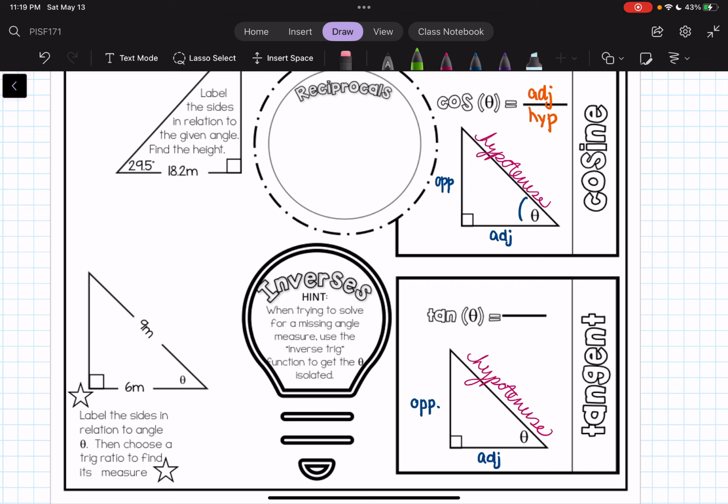And then the rule for tan is tan of theta is opposite over adjacent.